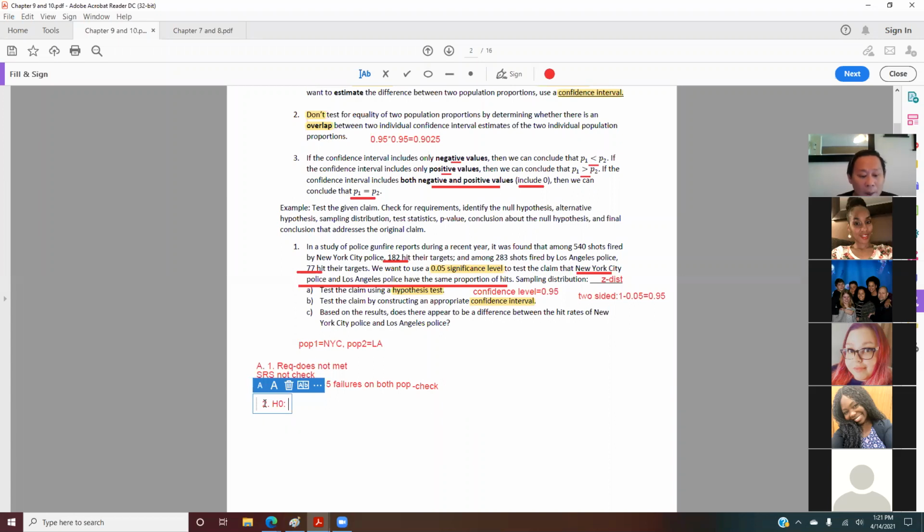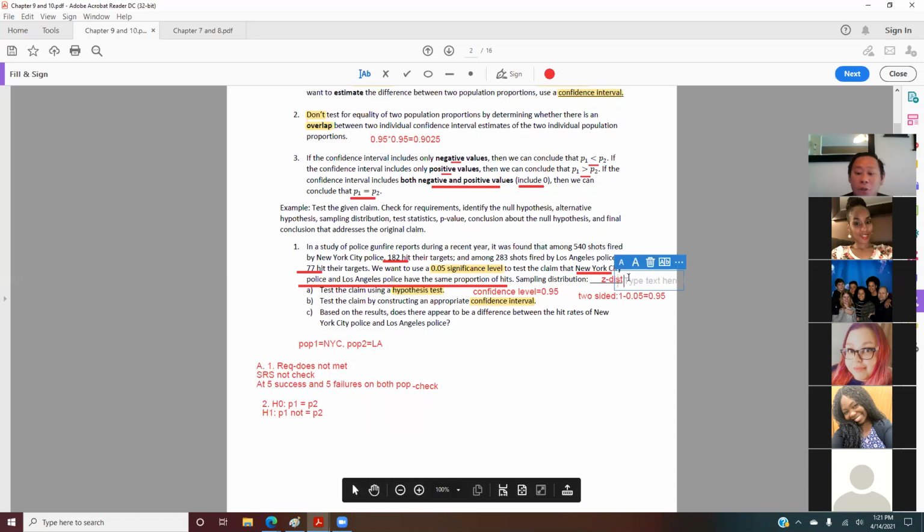Your null hypothesis, H0: P1 equals P2, always, and then H1: P1, in this case, because we are testing the claim of having the same proportion, and same proportion means equal. So equal to, and the other one is going to be not equal to. Are you all right here?